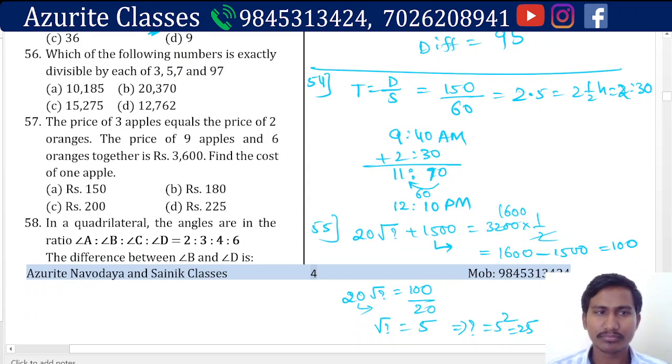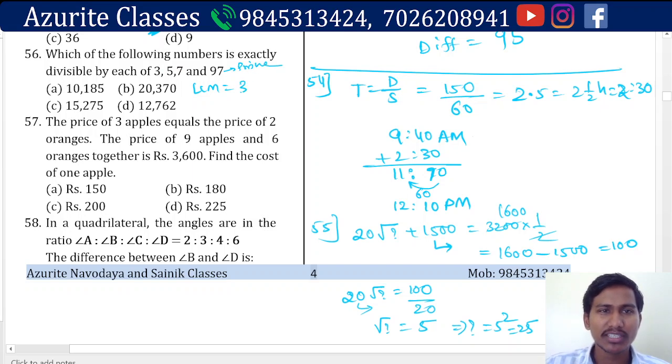Okay, good. Next, 56. Which of the following numbers is exactly divisible by each of 3, 5, 7, 97? What you should do is take the LCM. So the LCM we directly have to multiply, because all are prime numbers.